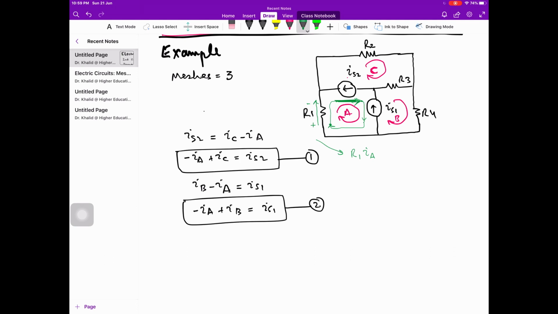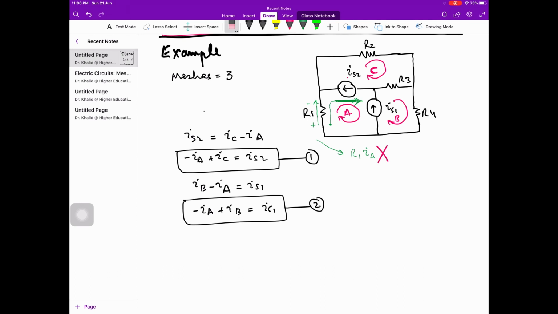Unfortunately, at this stage, we cannot determine the voltage drop over here, because this circuit element is a current source, not a resistor. We don't know its resistance or equivalent resistance, so we don't know the voltage drop. Therefore, we cannot proceed further. We cannot write the equation for mesh A.